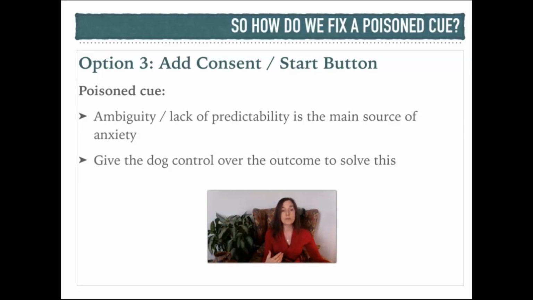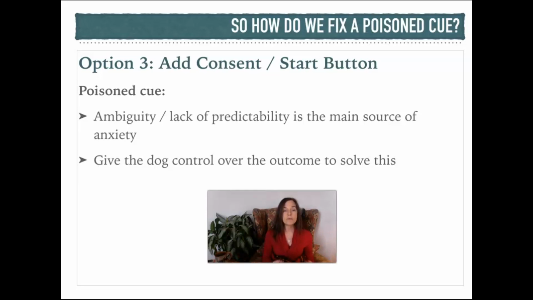It's not even going from outside to inside my house. It's within rooms in my house. It's just a generalized problem with doorways that she has developed because I didn't know how to handle it when I first started seeing it creeping up, when I first started seeing the reluctance, the avoidance, the lip licking, the whale eye, and things like that. And I just kept pressuring her, and then boom, now all doorways are poisoned.